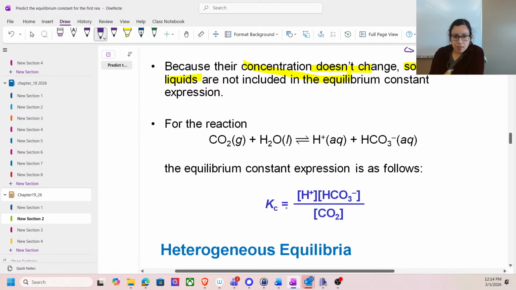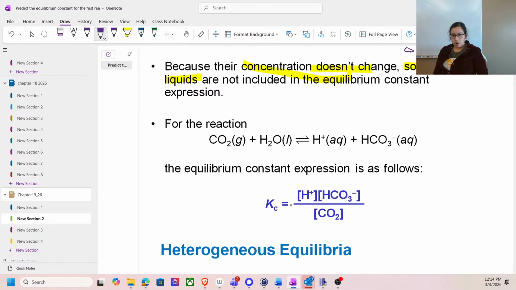Instead, this is a small teaser for our acid-base equilibrium. We have CO2, and then it makes carbonic acid, and there's our dissociation: our acidic proton, given as H+, and hydrogen carbonate, our conjugate base, over our initial reactant. So again, this shows how CO2 forms carbonic acid in that equilibrium expression.